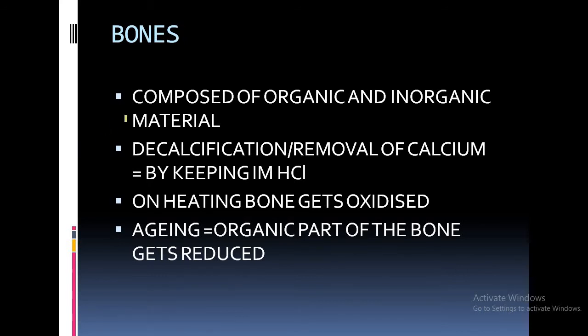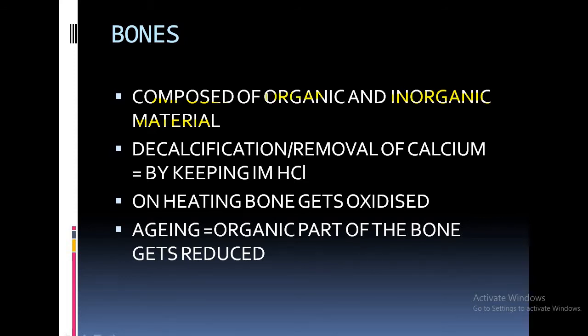Now we have to see about the bones. Bones are composed of organic and inorganic material. Inorganic material will have basically the salts of calcium and phosphate, calcium and magnesium, sulfates and phosphates. Organic is the bone cells.